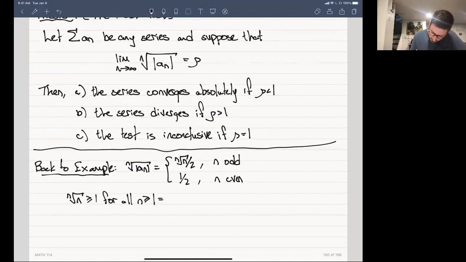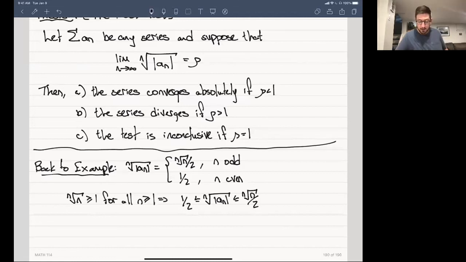So this tells me that, in fact, 1/2 is less than or equal to the nth root of |a_n|, which is less than or equal to the nth root of n/2, right? And this just comes from the fact that the only two values that you can get for any particular n is either the nth root of n/2 or 1/2. And the nth root of n/2 is bigger than or equal to both of those terms, and 1/2 is less than or equal to both of those terms.